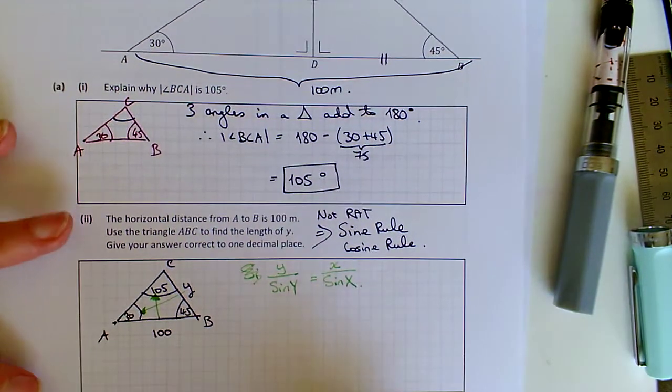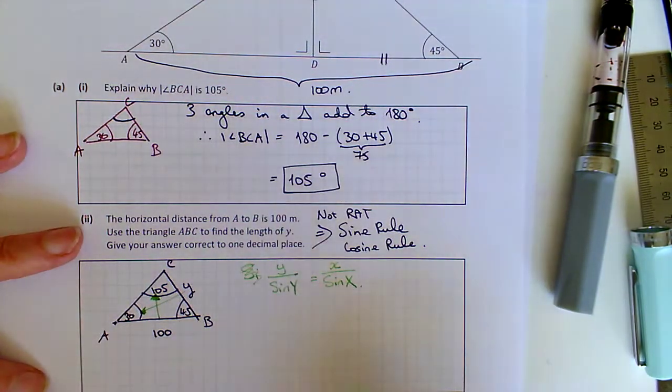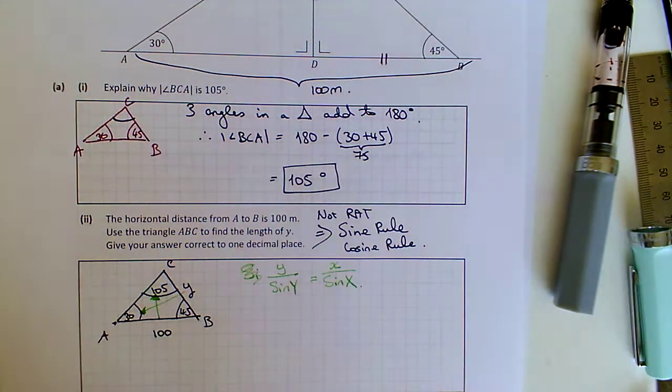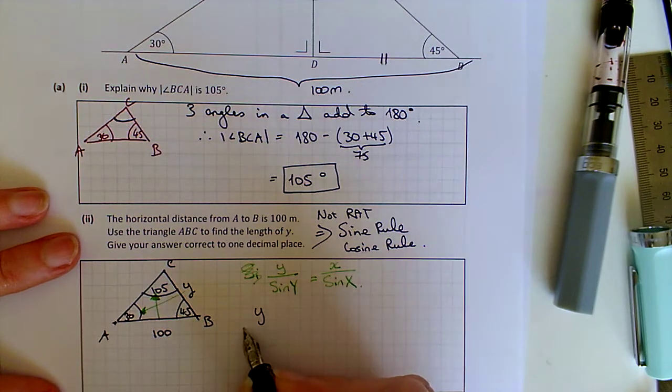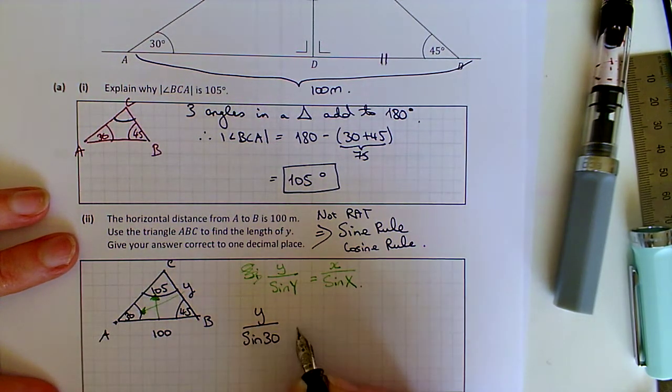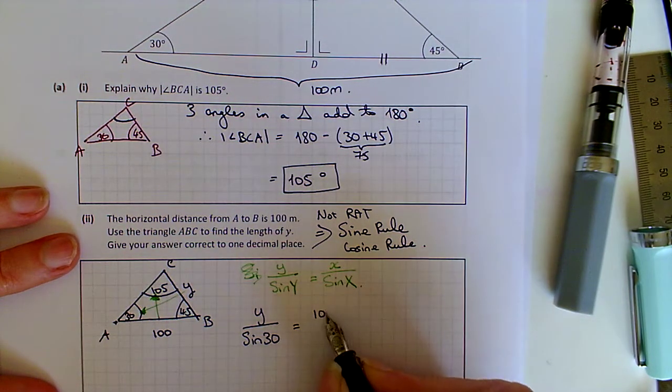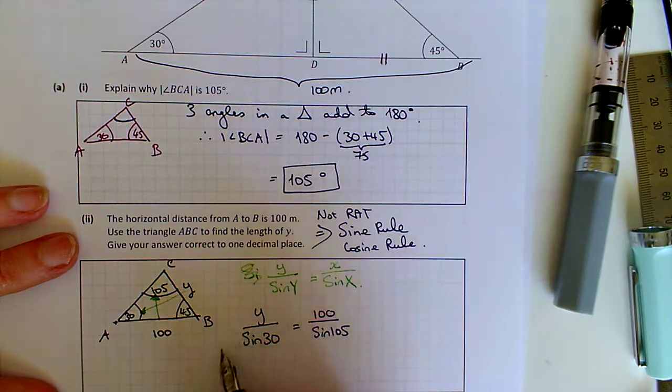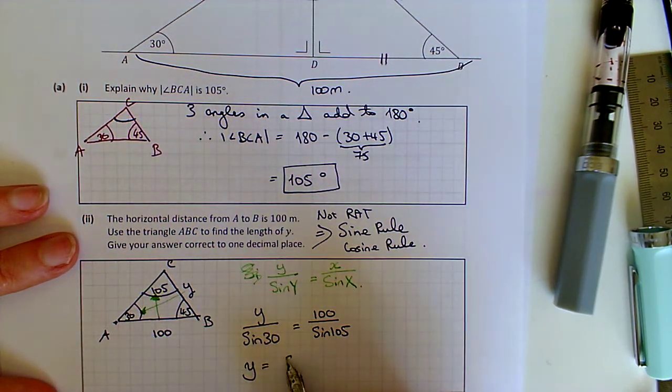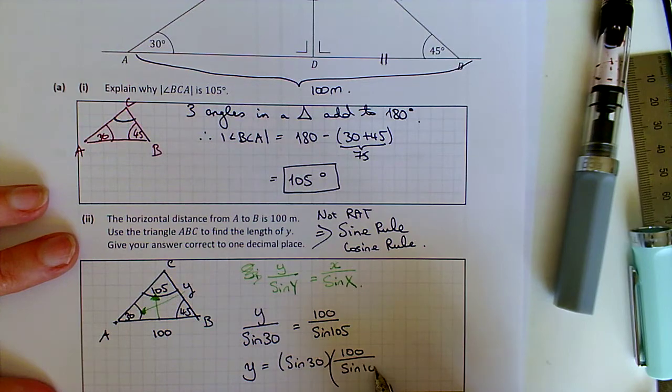It's in the log tables using A, B, and C. So what I can say here is that y over sine of 30, because 30 is across from it, is equal to 100 over sine 105. And then I'd multiply across by that sine 30. So y is going to be sine 30 multiplied by 100 over sine 105.